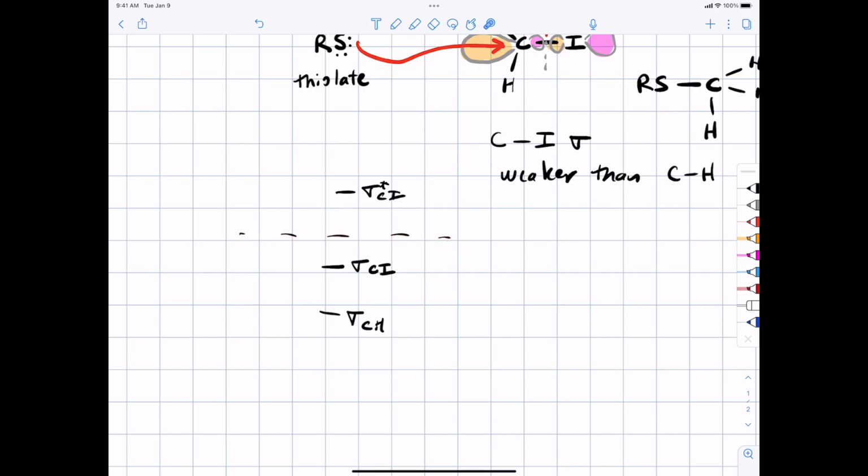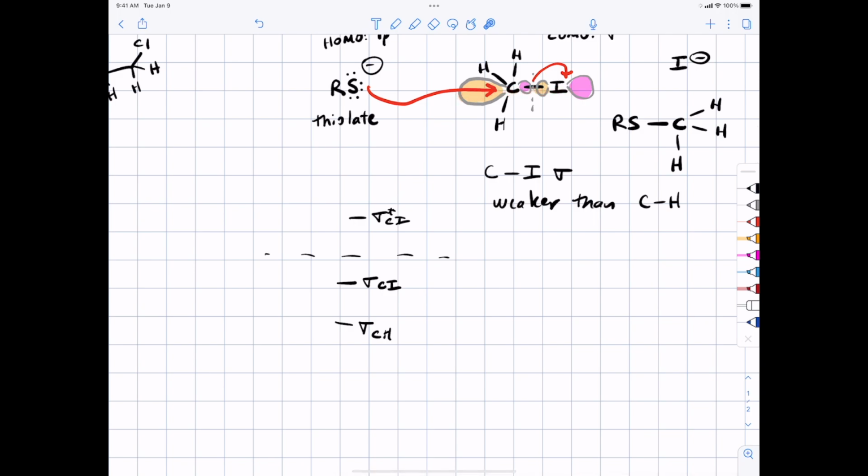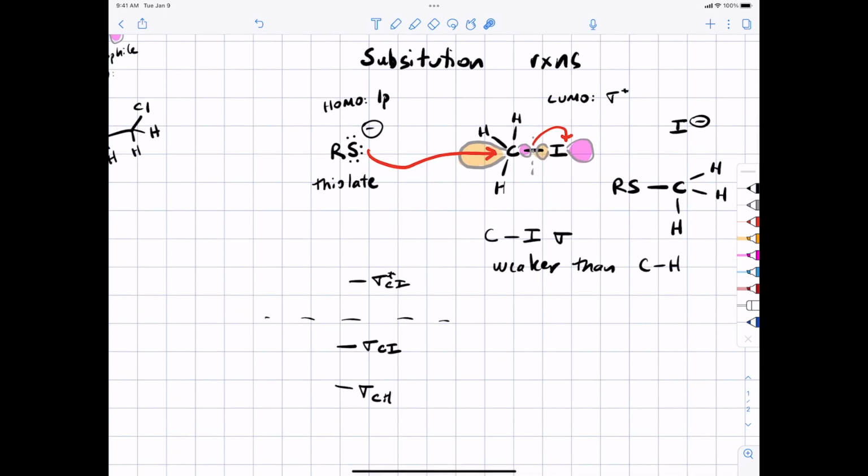So that's the reasoning. We're going to talk again about bonds with iodide and how to think about them, but it's okay if looking at that, you were thinking about some kind of sigma star, but you weren't totally sure which one it was. You'll get used to recognizing the carbon halide bond as being the one to worry about.